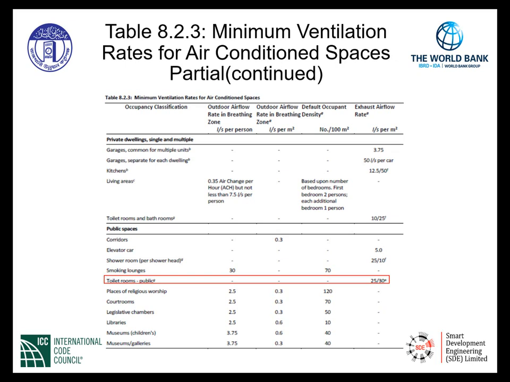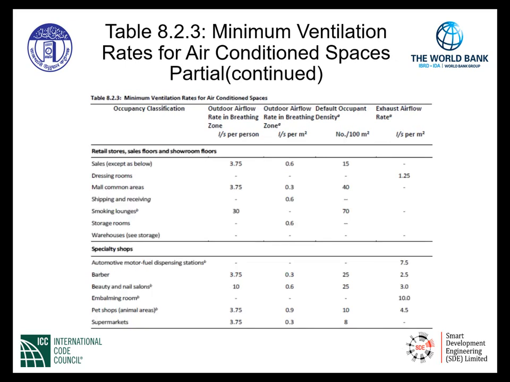So that higher rate is provided where we have heavy use, such as toilets in theaters, schools, sports facilities, things of that nature. The lower rate is permitted where periods of heavy use are not expected. Therefore, we have a simple way to provide exhaust requirements for our toilet rooms in public spaces.